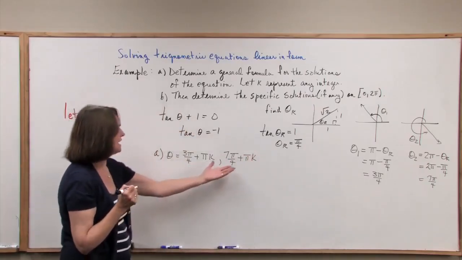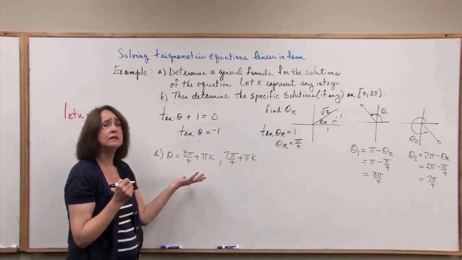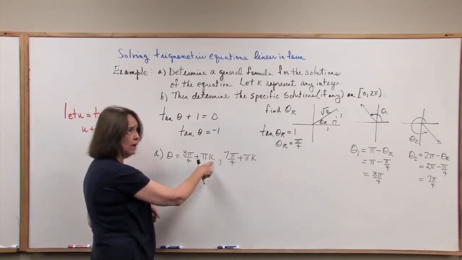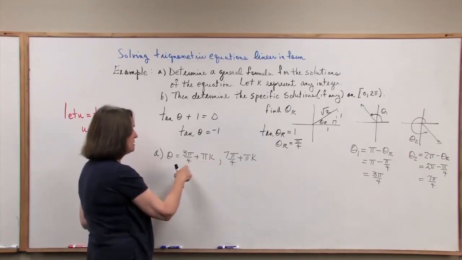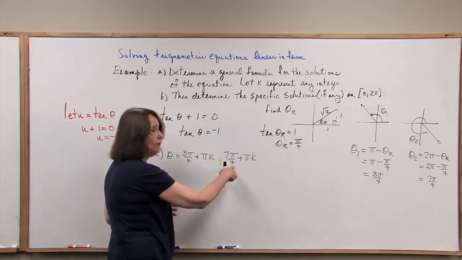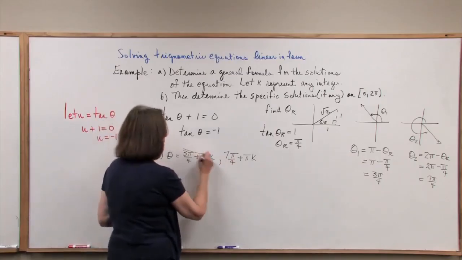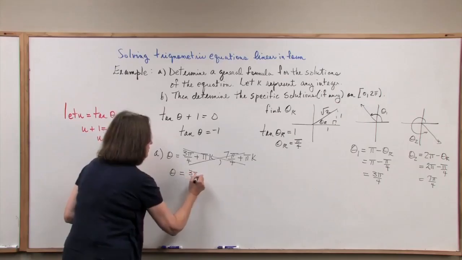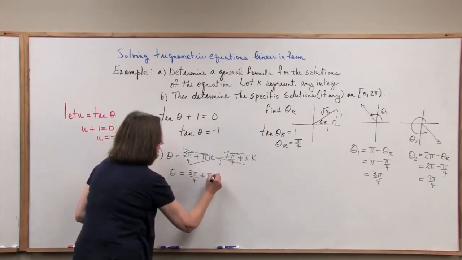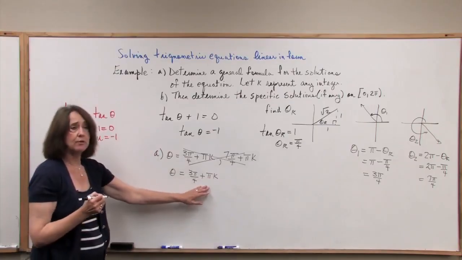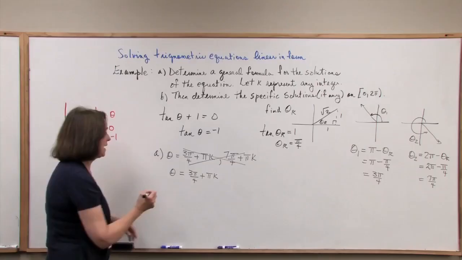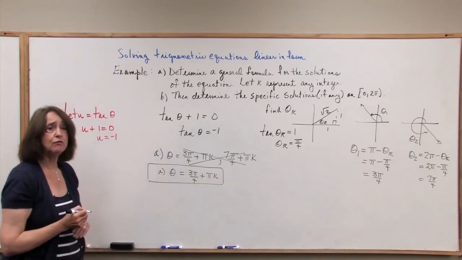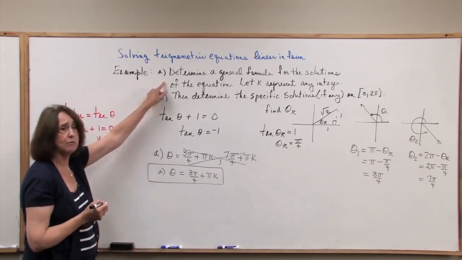Okay, but looking at this, this doesn't seem very concise, and it's not, because if we let k be 1 and add pi to 3 pi over 4, we end up with 7 pi over 4. So the better way to write the general formula is simply 3 pi over 4 plus pi k. That will be our answer for the A part, the general formula.